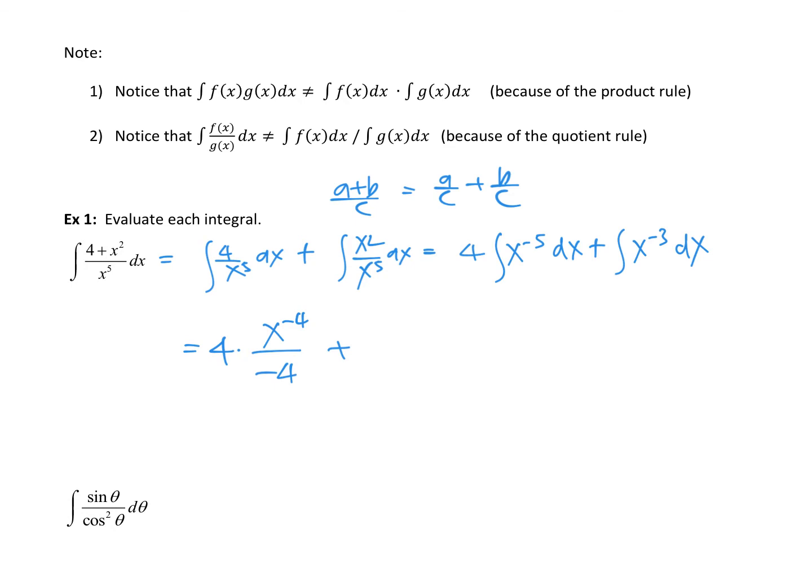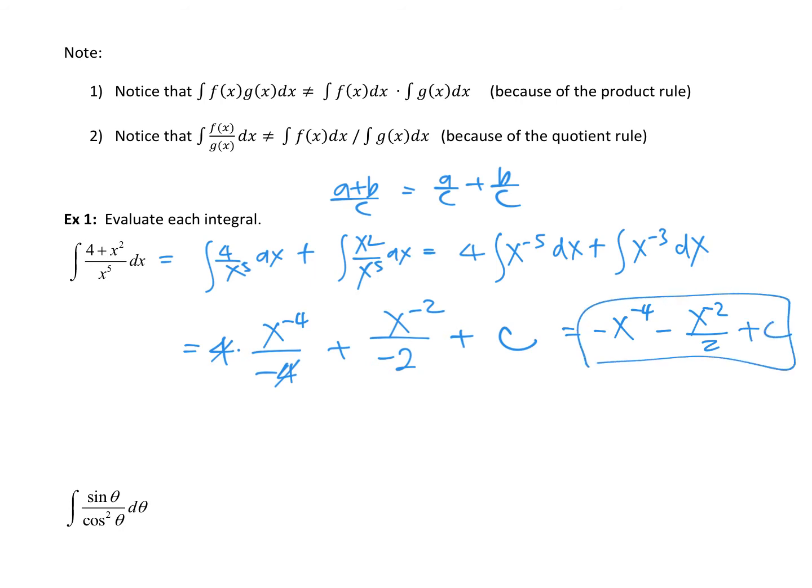So it's x to the negative 2 over negative 2, plus c. Again, because we're talking about general antiderivative, there has to be a constant. Let me simplify this so they cancel out. So it becomes negative x to the negative 4 power minus x to the negative 2 over 2, and then plus c.